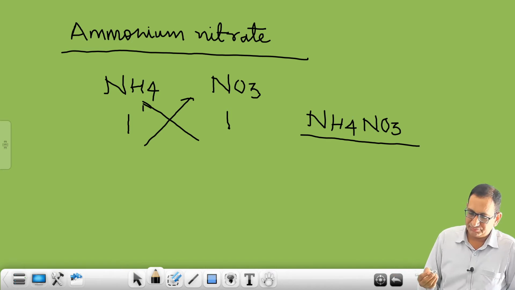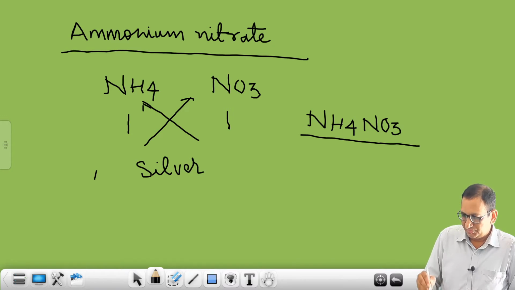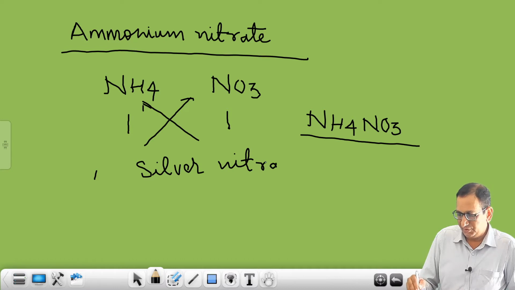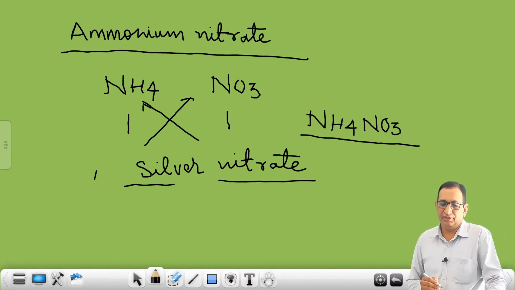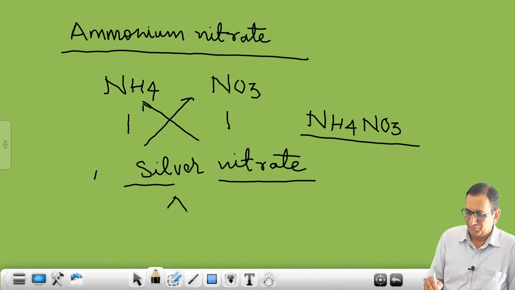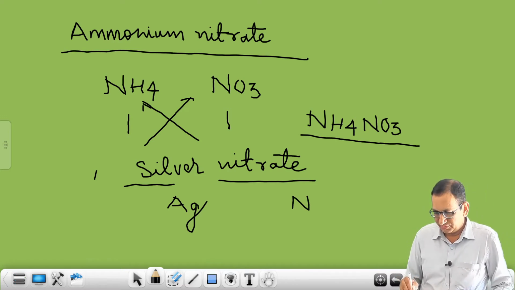Next students, if you take silver nitrate and want to make the formula, for silver we take Ag, for nitrate NO3.